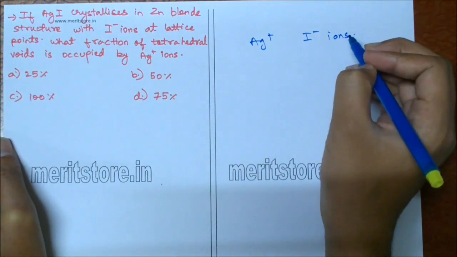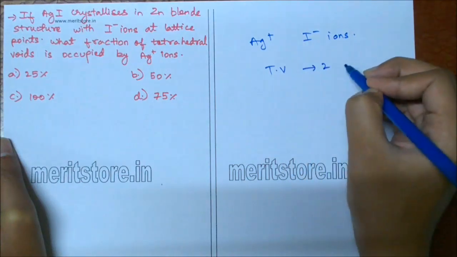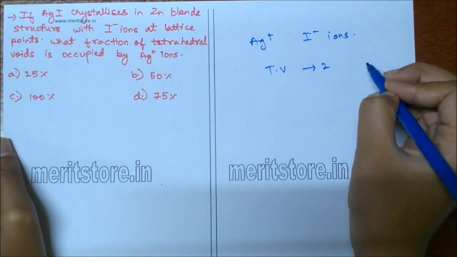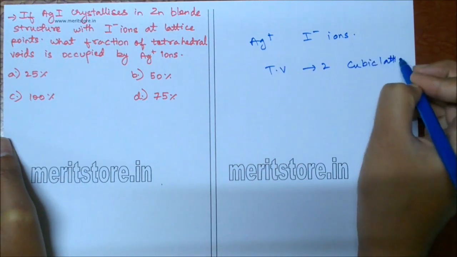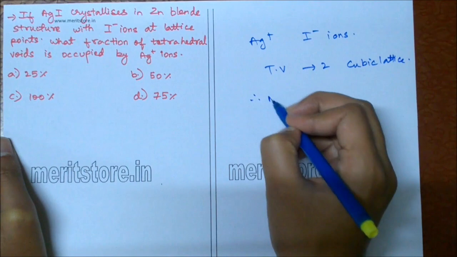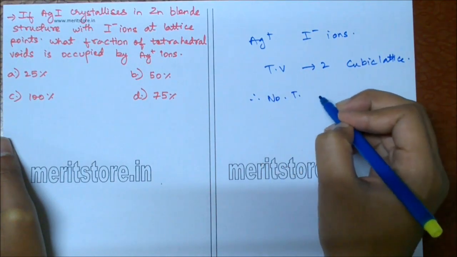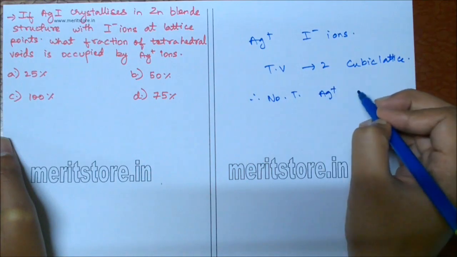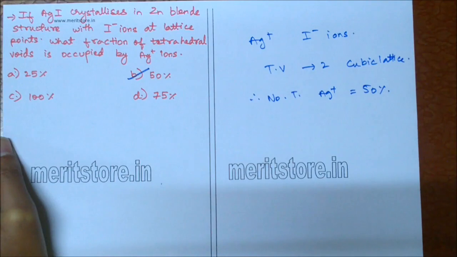However, the number of tetrahedral voids is twice the number of atoms forming the cubic lattice. Therefore, the fraction of tetrahedral voids occupied by Ag+ ions is 50%. So option B will be the correct answer.